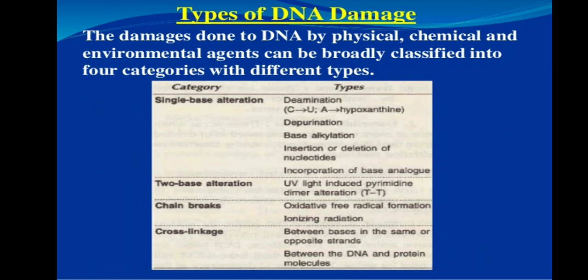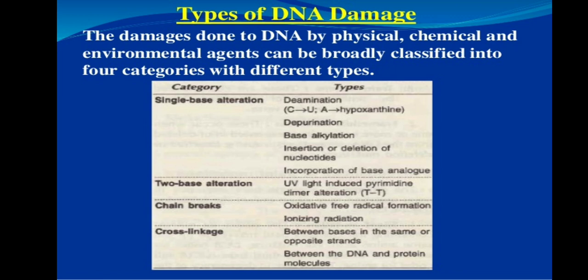Then the two base alteration: UV light induces pyrimidine dimer alteration. This causes thymine dimers, meaning thymine pairs with thymine. This abnormality is caused by exposing the cells to ultraviolet light.